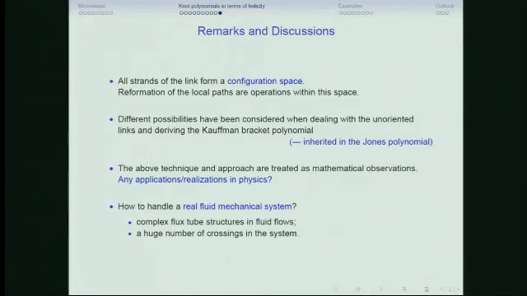Okay, some remarks and discussion. I want to emphasize that in our operations, we are just doing something for the strands of the link. That means if the strands form a configuration space, then we are doing something in the configuration space, in some sense. The second thing is, when deriving the Kauffman bracket polynomial, we consider different possibilities. This consideration has been inherited in the derivation of the Jones polynomial.